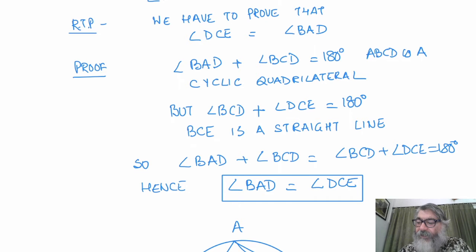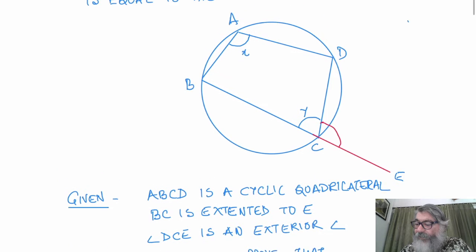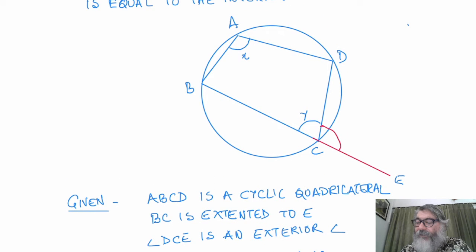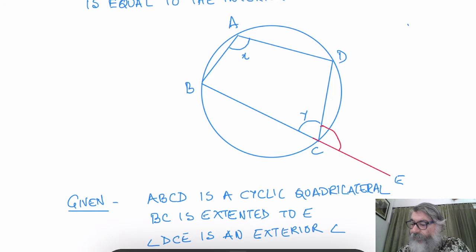So the exterior angle DCE, which is indicated by red in the figure, is equal to X, because this plus Y is 180, X plus Y is also 180, and DCE plus BCD is also 180.